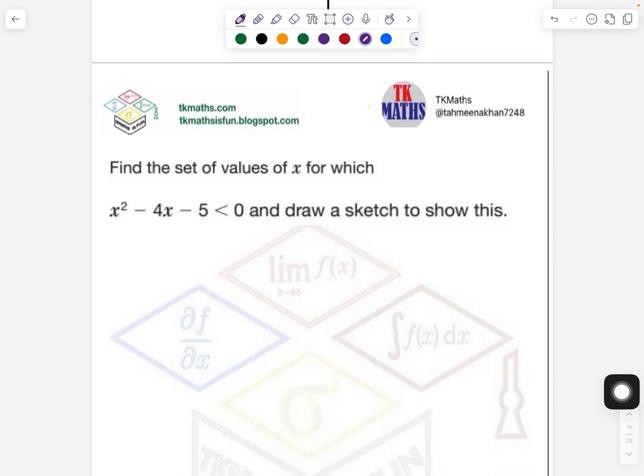So now I will do one question in front of you. If factors are not given, rather a quadratic equation is given, you will change it into factors first. You can use a calculator. It will give you the roots. From the roots you can write down the factors. Now after that it is the same.